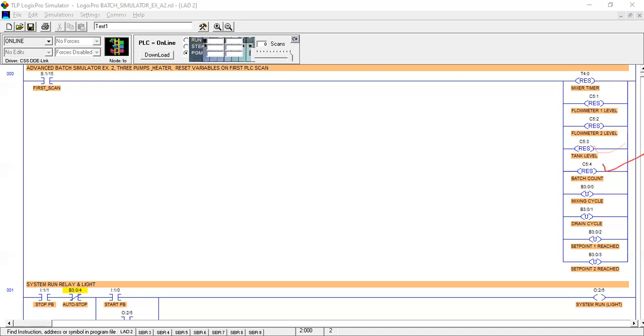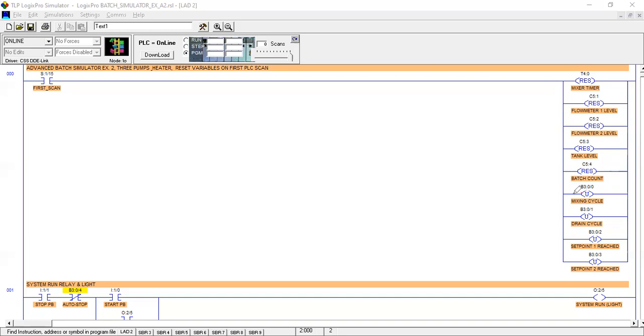And we will also take another counter, which has a different address, named batch count. Batch counts depend on our batching counts. It totally depends on our liquids.